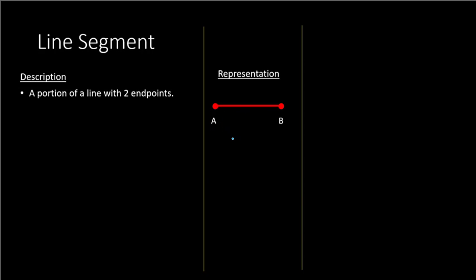Now, if you were to express this in math notation, we could write out the word as segment AB, or segment BA, just like we did with the line. Just pick the endpoints in this case to indicate the name of the line segment. Now in math notation, we can also just write it with the letters A and B, or B and A, and then just put a line segment above it, like that.